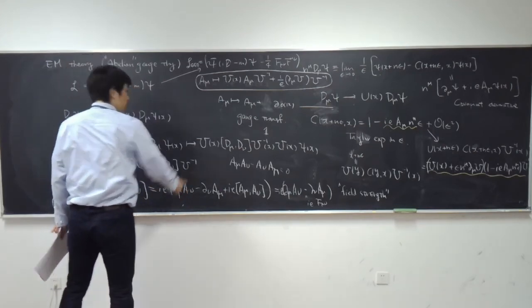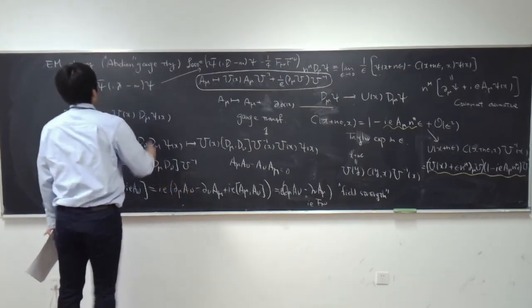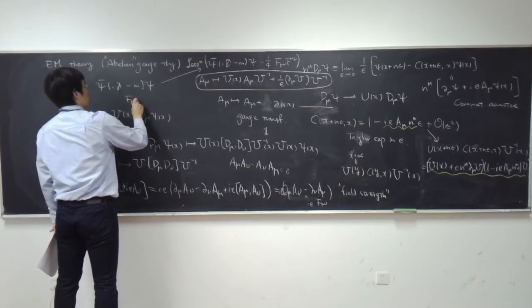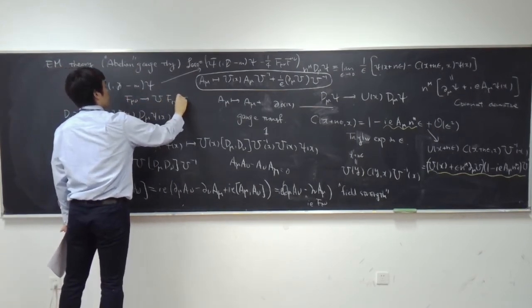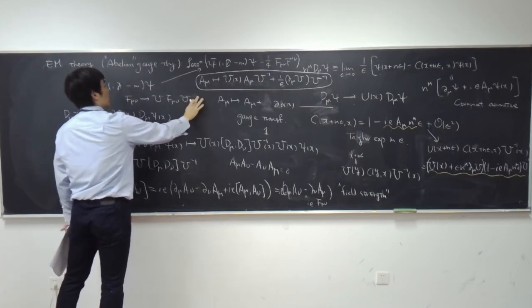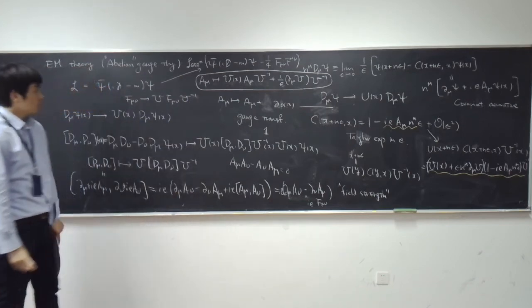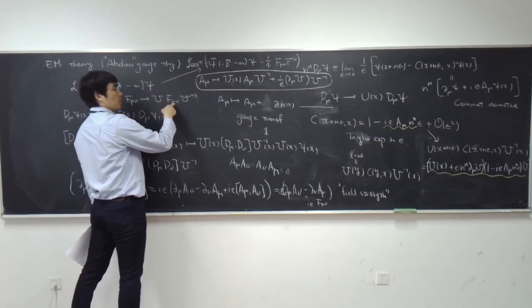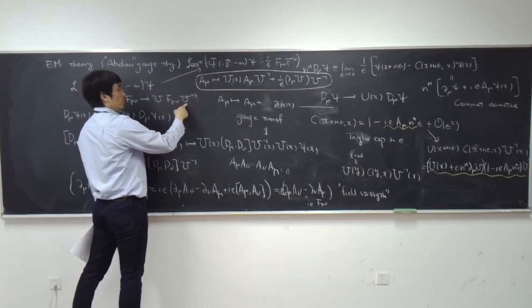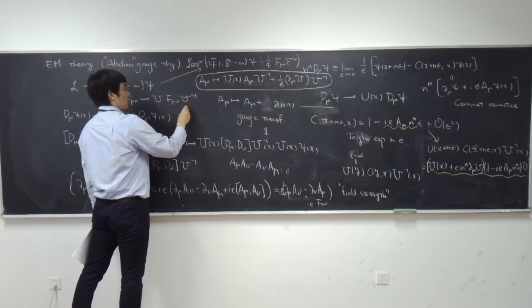So what we have learned is that F mu nu transforms as U F mu nu U inverse. But again, this is U(1), so U is just a number once you fix mu and nu, and U inverse gives you just F mu nu.